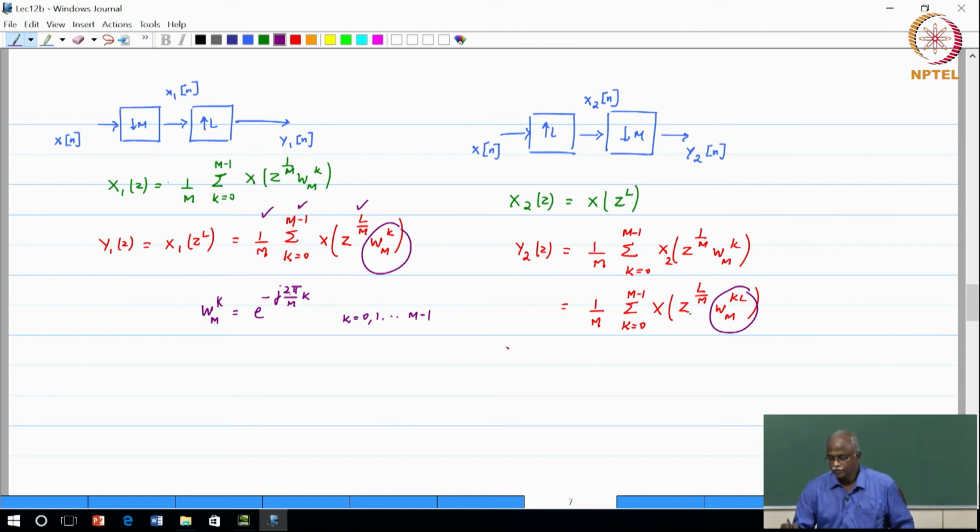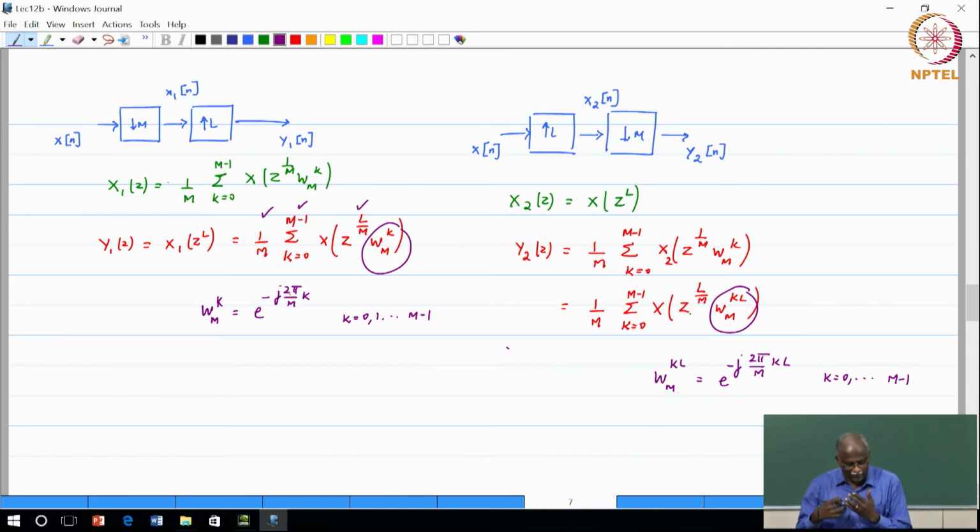Now, when I look at this side expression, it is W_M^(kL), that will be e power minus j 2 pi over M times k times L, still k goes from 0, 1 to M minus 1, except that it is always being multiplied by the factor L.